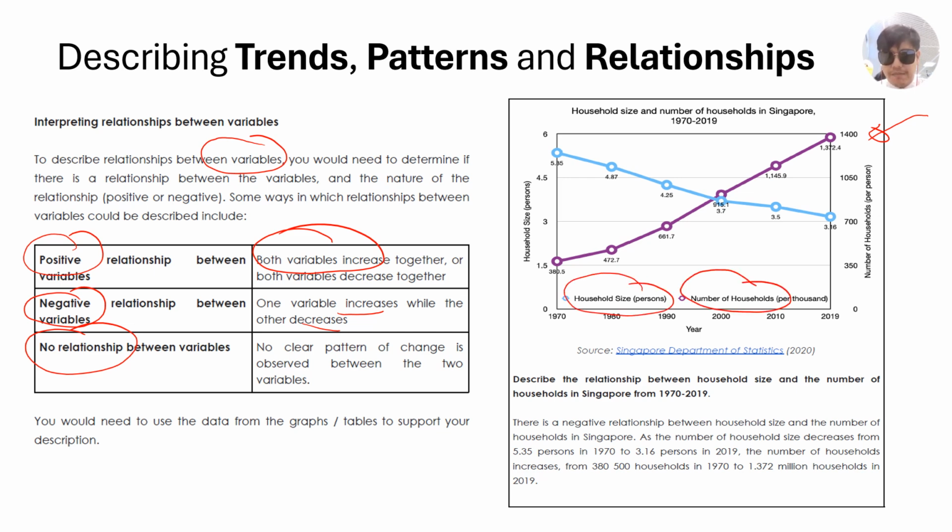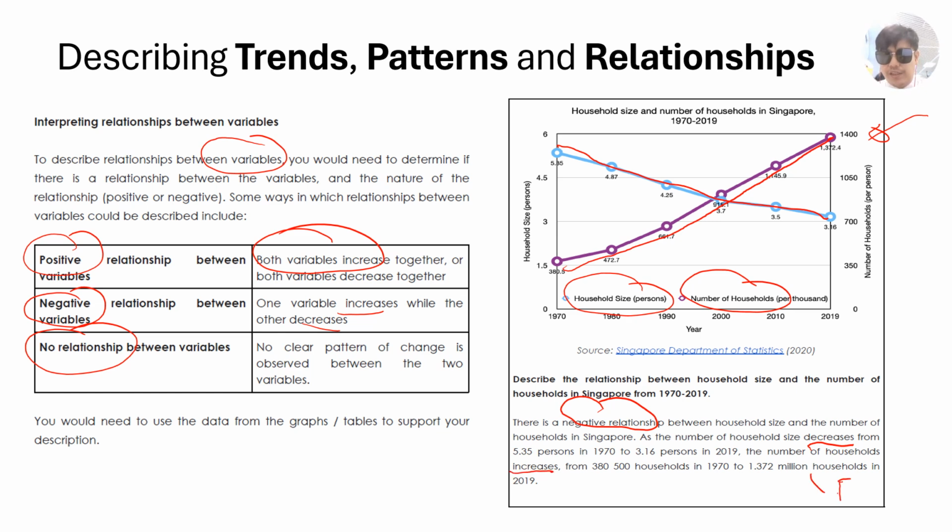So as the number of households increases, household size decreases. What does that exactly mean? It means that they have a negative relationship. When one decreases, the other increases.